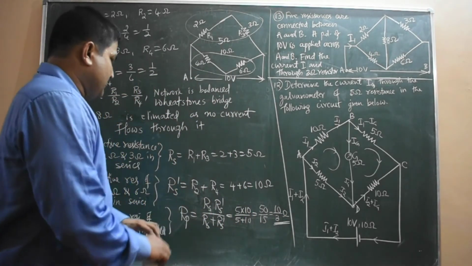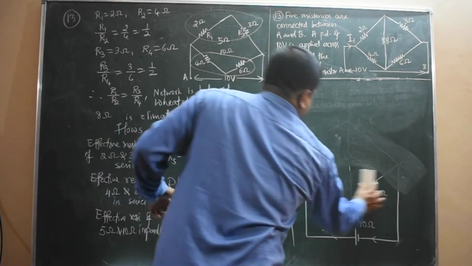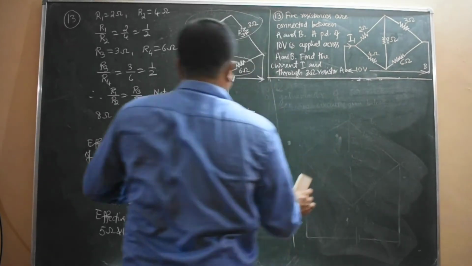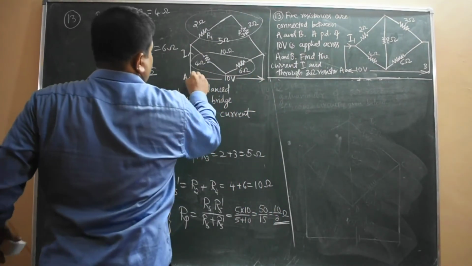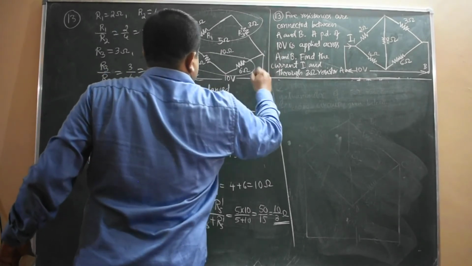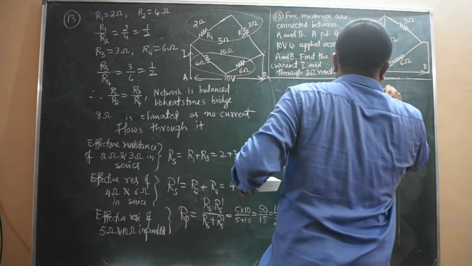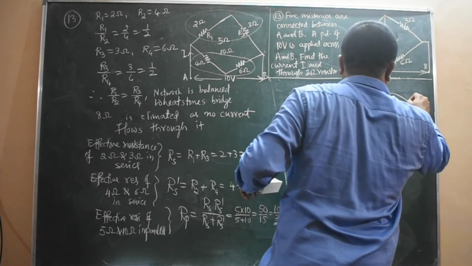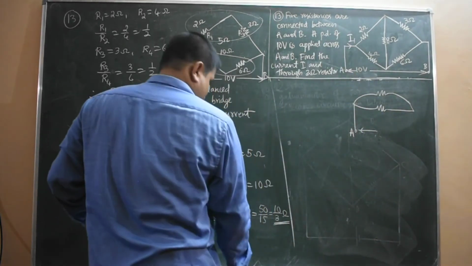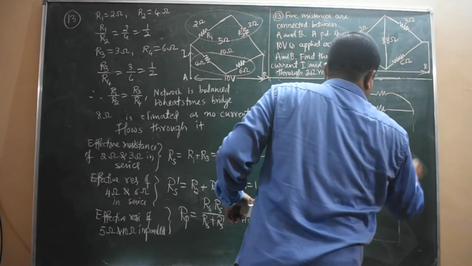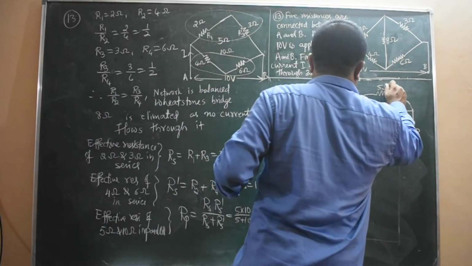Then we can get the value of the current. Since we got the effective value, we can calculate the main current I flowing from A to B. If you want, I can draw one more circuit: this is point A where 10 volt PD is applied, and here is point B, with a 5 ohm and a 10 ohm resistor.